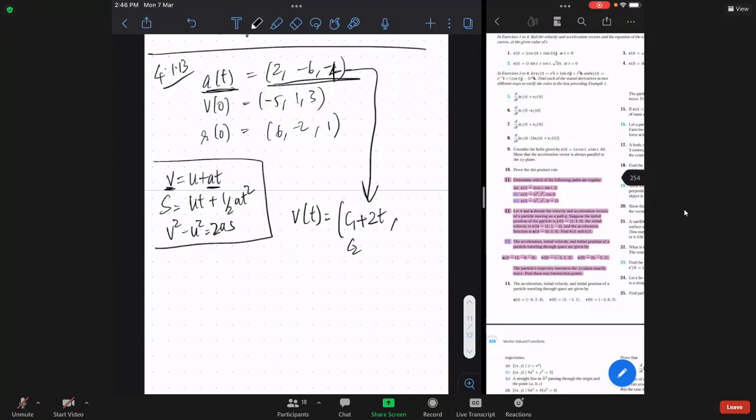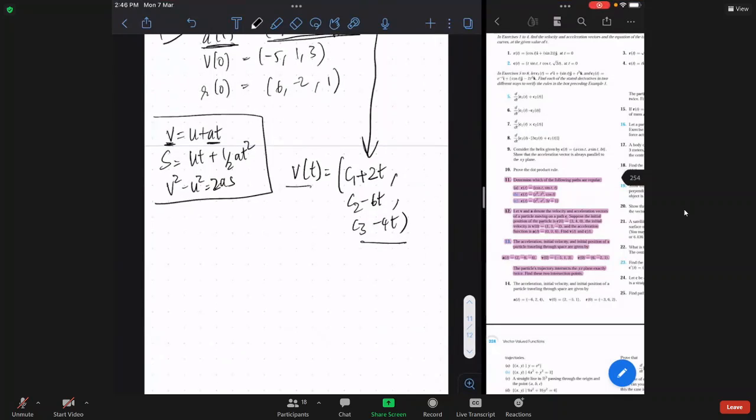My next one is going to be c2 plus a into t, which is minus 6, so c2 minus 6t. And then the third is going to be c3 minus 4t. So I've got my velocity as a function of time, except that I need to find out the values of c1, c2, and c3.